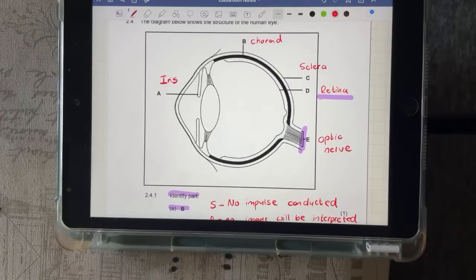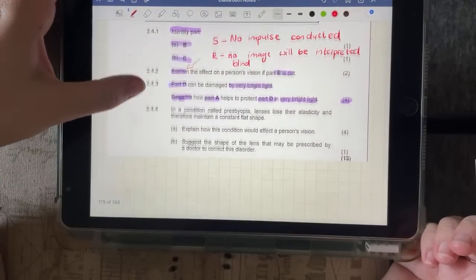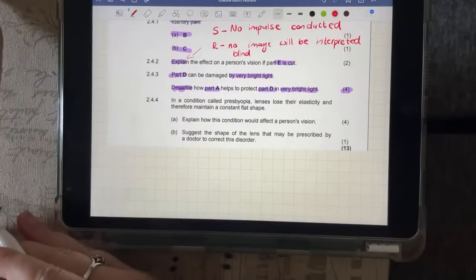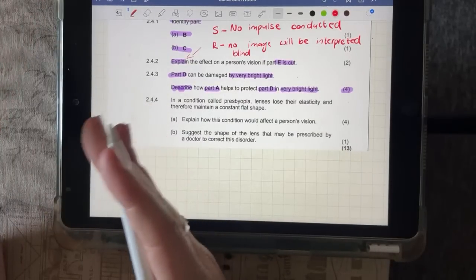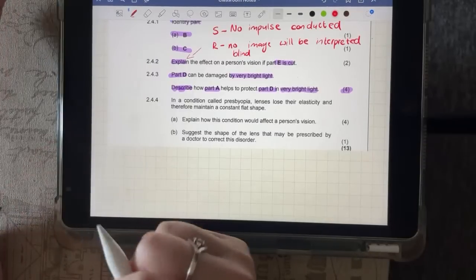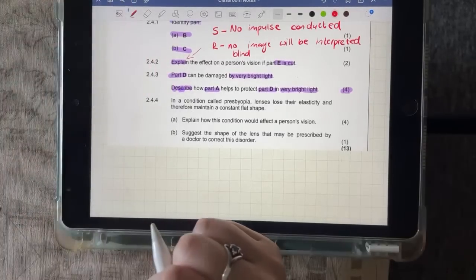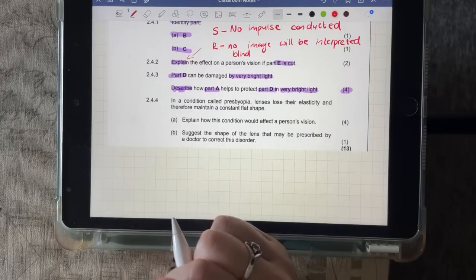Okay? It's very concerning, folks, if we don't know the difference between the two before tomorrow. So I'm going to say it again. Accommodation is for a clear image, and pupillary is to limit the amount of light going in the eye. Okay, so now you have to describe pupillary mechanism, literally. That's all you're going to have to describe there in order to get full marks.